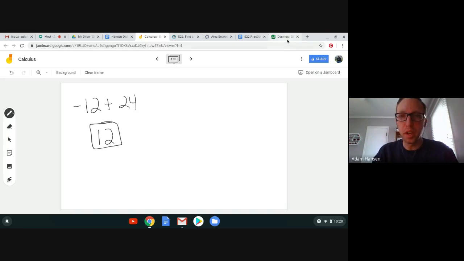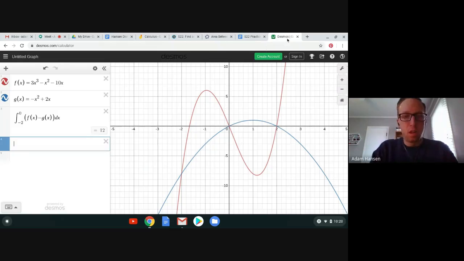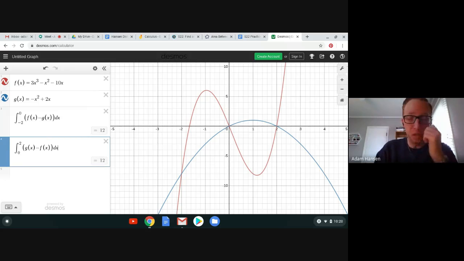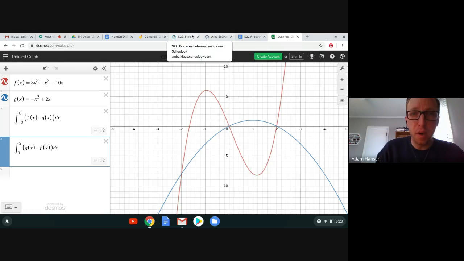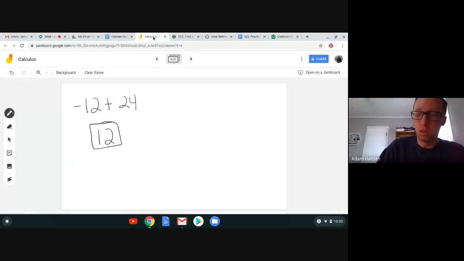Of course, we can check that on Desmos, on a graphing calculator. The definite integral from 0 to 2 of g of x minus f of x dx gives us 12 again. The areas of each of these two regions are equal. So if I want to find the total area bounded by these two functions, it should just be 24, 12 plus 12.